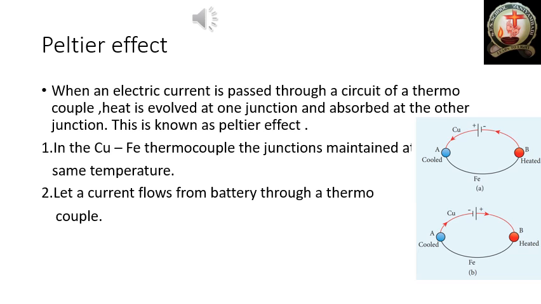Next one, second point: let a current flow from battery through a thermocouple. Whenever I connect a battery through the copper metal, what will happen? The current flows from battery through a thermocouple.